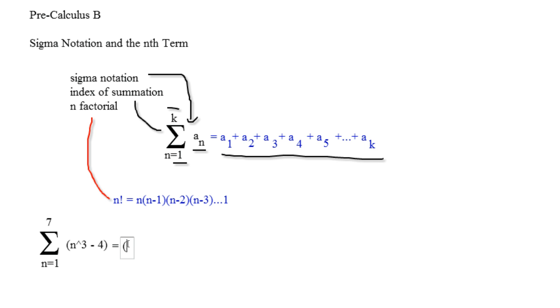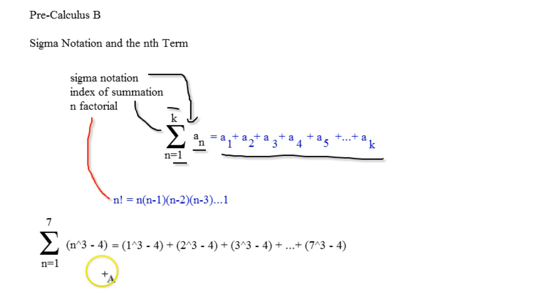The first one would be 1 cubed minus 4, then you add 2 cubed minus 4, then 3 cubed minus 4, all the way up to 7 cubed minus 4. And you would just sum that all the way up.